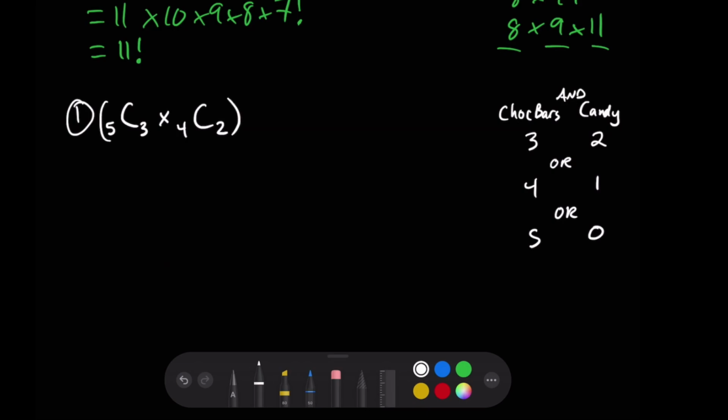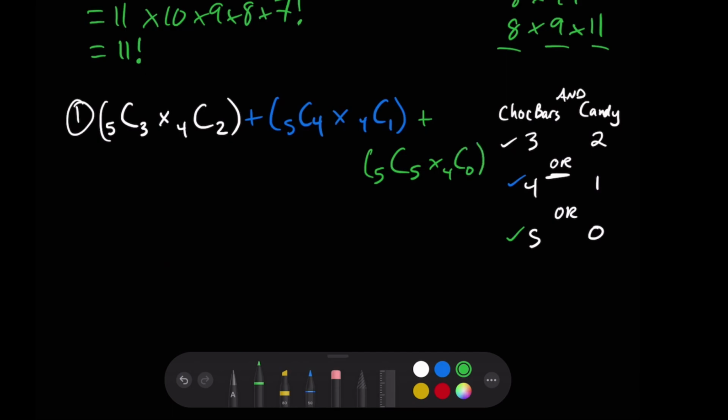So this is my first situation right here. And then it says or. Or means it's going to be our addition rule. So let's add. Or 5 choose 4 chocolate bars, and 4 choose 1 candies. And finally, our situation down here, plus, so or, still choosing from 5 chocolate bars. I'm going to choose all 5 as chocolate bars, and 4 choose 0 candies.